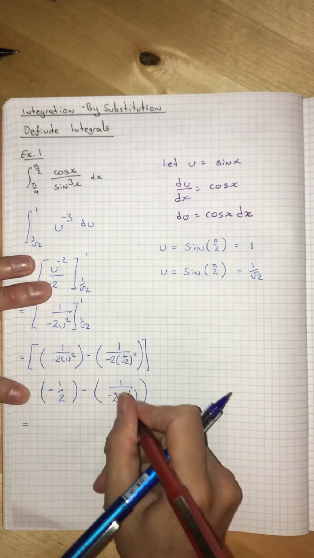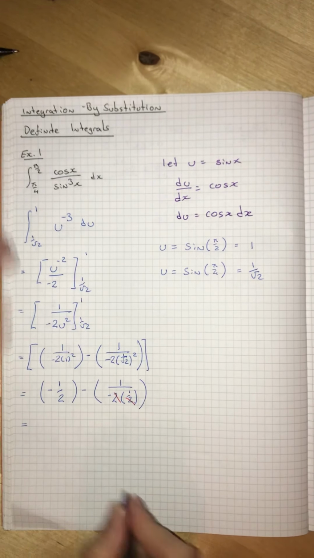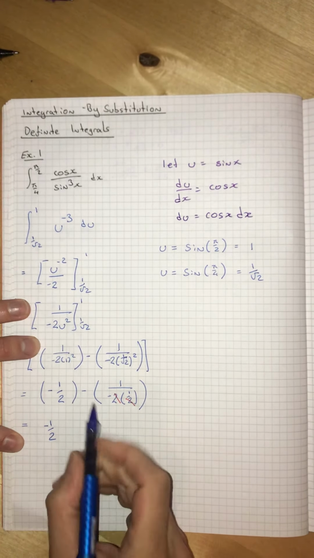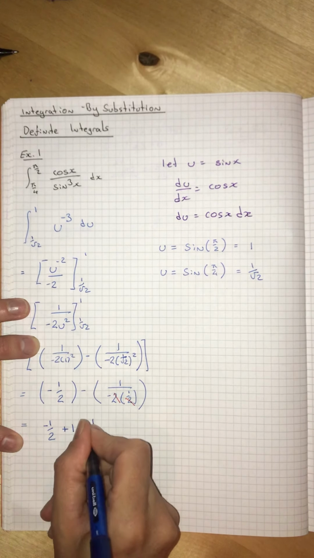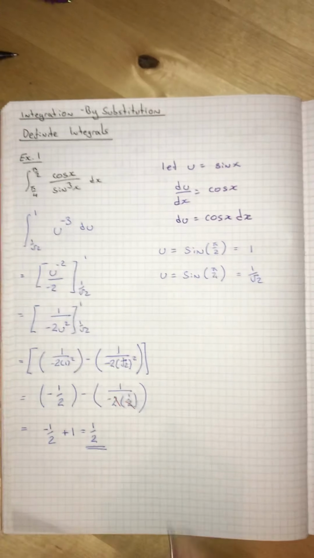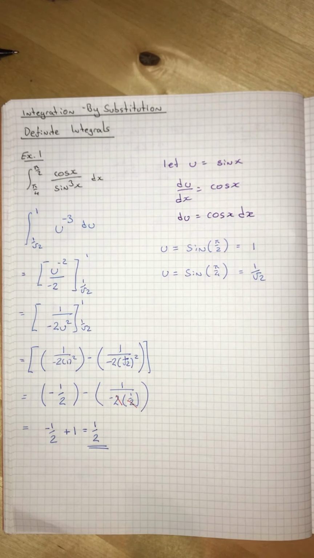They're going to cancel out. So we end up with negative a half minus negative 1, which becomes plus 1, which is a half. So that's done that question.